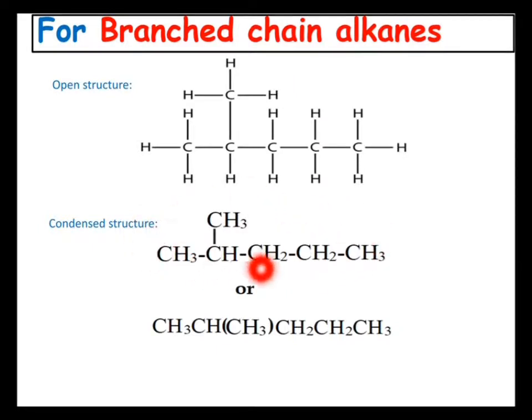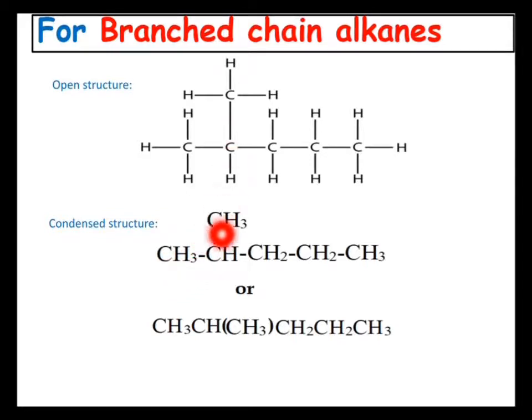In order to save space, normally we use the condensed structure formula. Like in this example, the first carbon has 3 hydrogen atoms. So in the condensed structure formula, you write the carbon and surround it with the 3 hydrogen atoms as is done here. Then you bring a bond, then you move on to the second carbon.